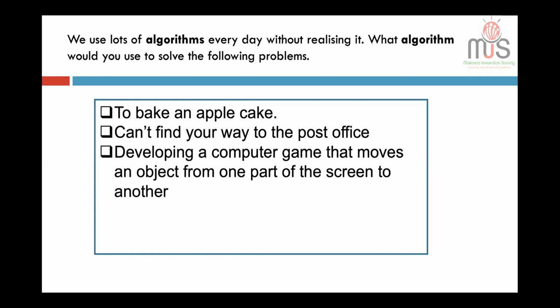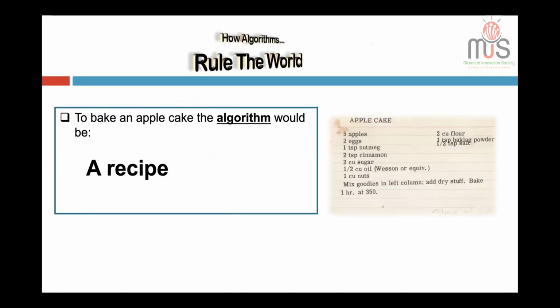Okay, so let me just proceed now. So to find my way to the post office, for example, let's start with what Shiloh shared with us. So in my own opinion, or in Shiloh's opinion, to bake a cake, the algorithm would be a recipe. And the recipe is get 5 apples. That's for my recipe. You also have your own recipe.